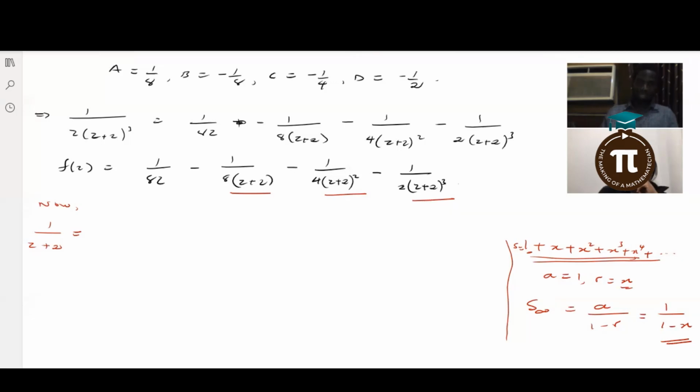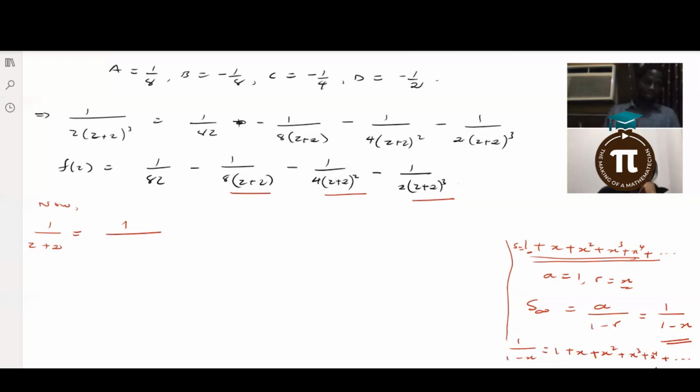Basically, when you have 1 all over 1 minus x and you want to write this in series form, this is exactly 1 plus x plus x squared plus x cubed plus x to the 4, and it goes on like that. So coming to this, I want to get this format, 1 over 1 minus x.